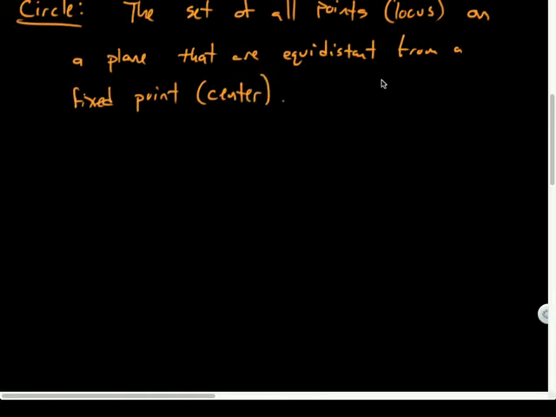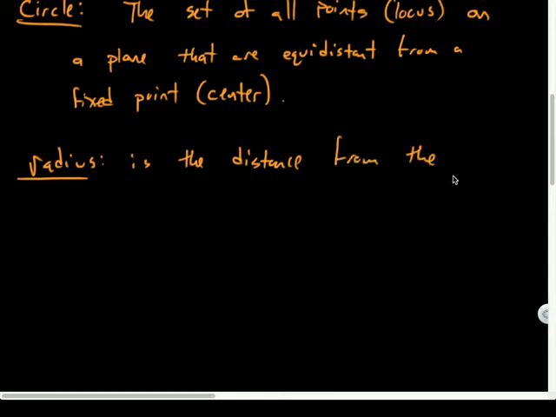And what's the word you'd want to describe that distance as? What's the circle-y word that we use to describe that distance? You used it earlier. So the radius is the distance from the center to any point on the circle.